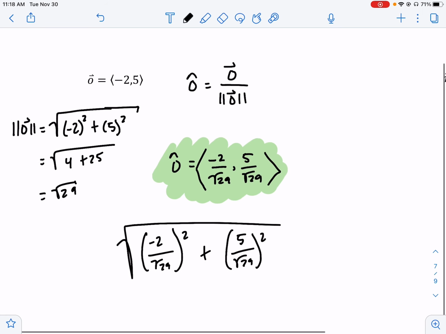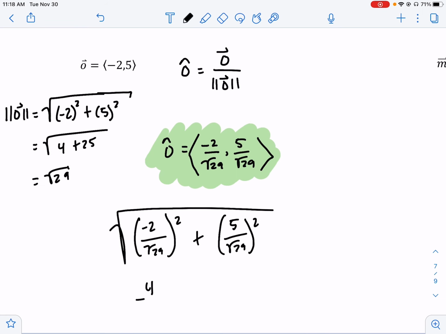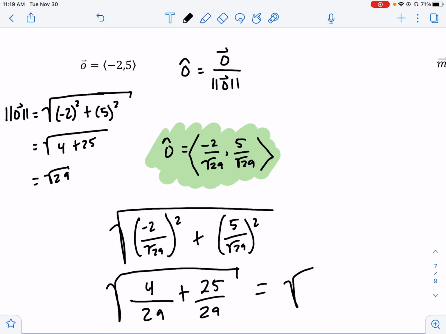When we square these, we're going to get positive 4 over 29 plus 25 over 29. Sorry, I said negative 4 at first, but it's positive. If we do that, we get the square root of 29 over 29, which is equal to the square root of 1, which is equal to 1. Once again, all this is doing here is proving that this vector has a magnitude of 1, so therefore it is a unit vector.